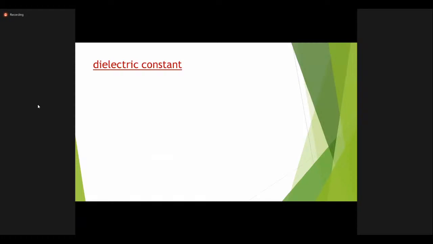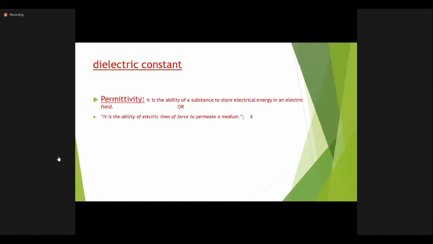Next, dielectric constant. All of us have come across this particular value. In sciences or in intermediate, we also use the word permittivity for it. Before going into dielectric constant, let us define another terminology, permittivity. Permittivity, we have heard this word.